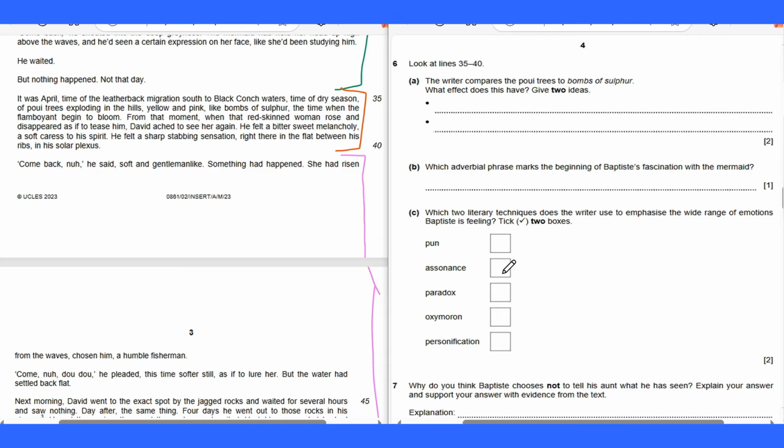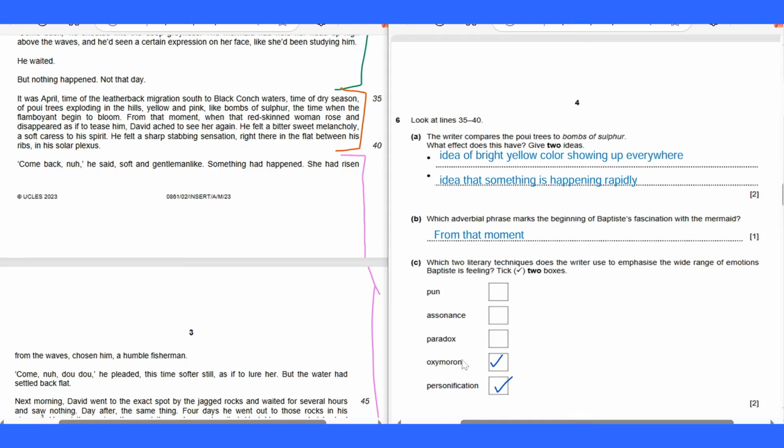Let's check it out. So it's oxymoron and personification. In here, oxymoron is a bittersweet melancholy. That is the oxymoron, while personification is a sharp stabbing sensation, which acts like a person, right there in the flat between his ribs in his solar plexus.